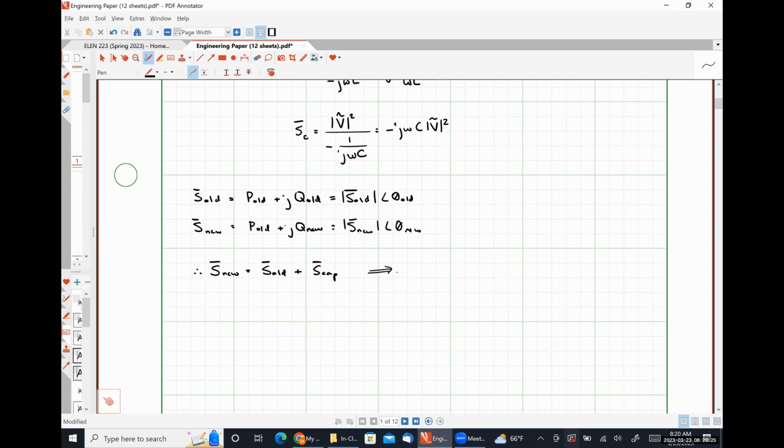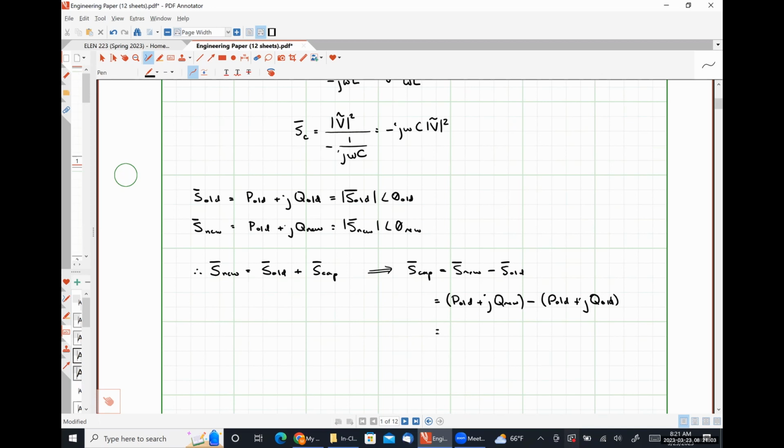From this, we can see that S cap is simply S new minus S old, or P old plus JQ new minus P old plus JQ old.